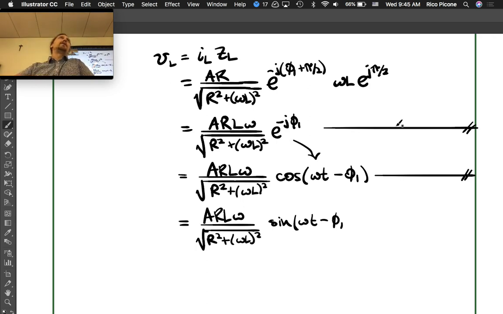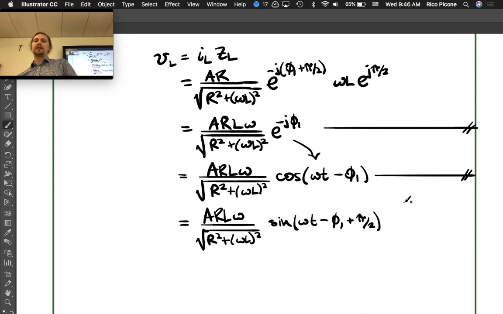If you want to use the sine version of the phasor, then we would have come back to sine, right? But we used the cosine, so we came back to cosine. So then we would need to add pi over 2, right? So, this is also valid.